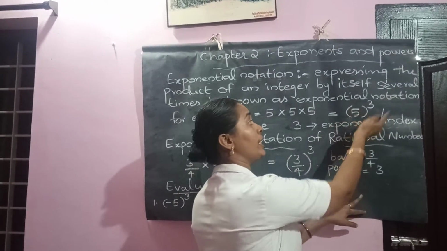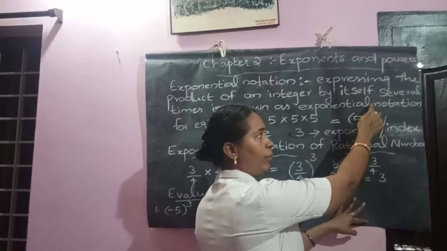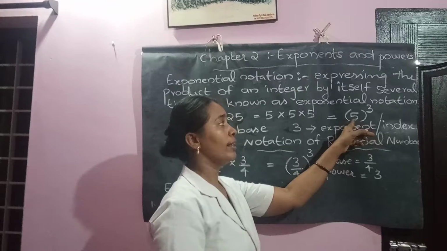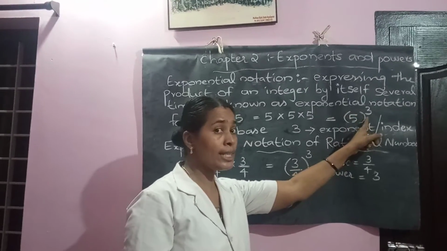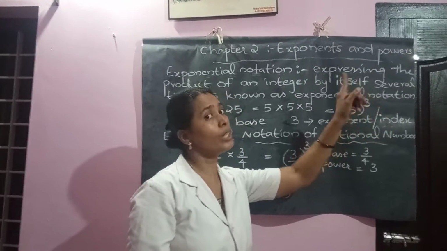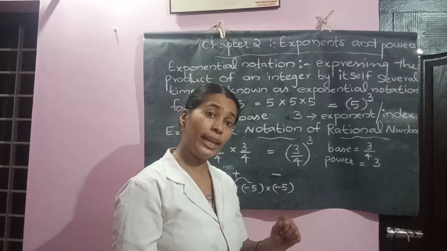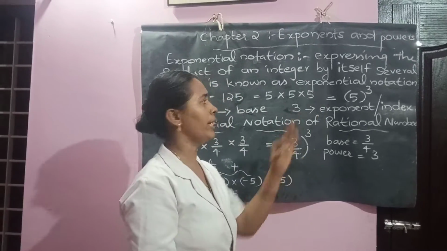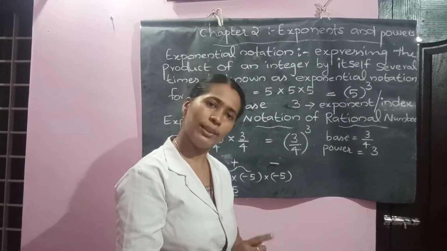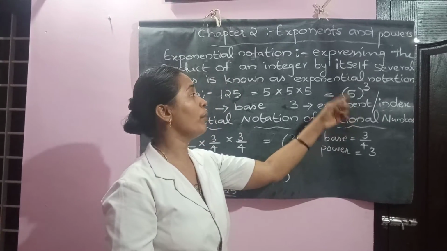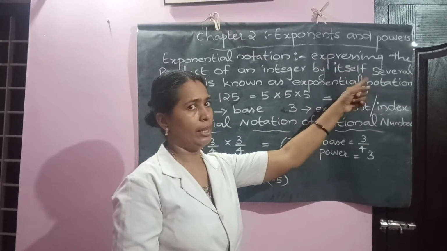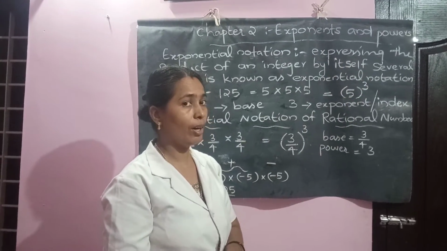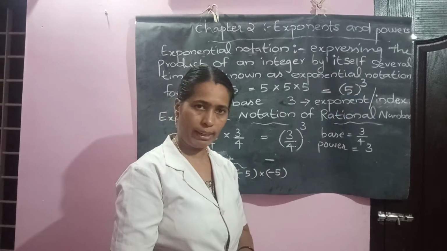That you write above 5, and it is read as 5 raised to the power 3. Or you can simply read it as 5 power 3. Actually it is 5 raised to the power 3, but generally 5 power 3 is enough for us.